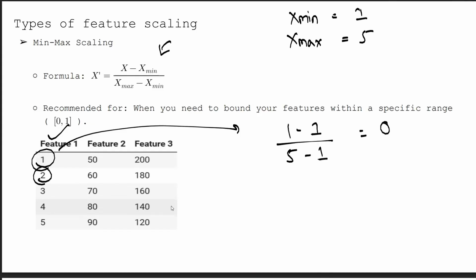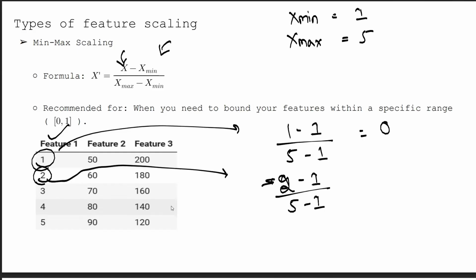For this 2, it would be 2 minus 1 divided by 5 minus 1, because 2 is the feature value, then x min, then x max minus x min. So this would be 1 divided by 4, so 0.25. And in the same manner, we can do the transformation of these three values also.